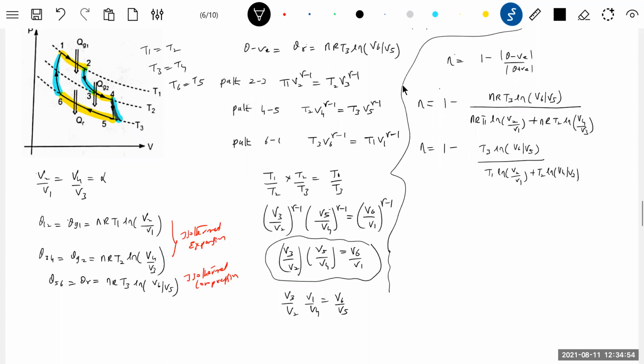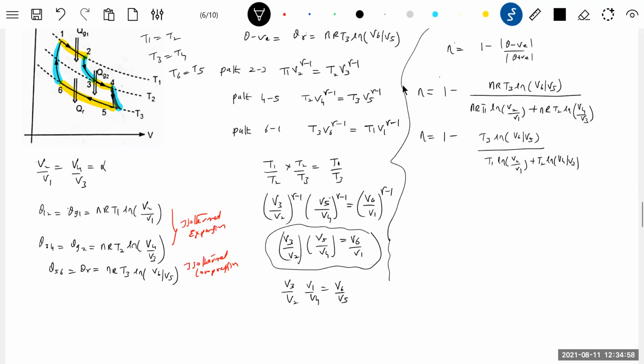I think V6 by V5 will be alpha square will come. Check it. Alpha square will come. 2T3. Yeah, fine. Okay, that'll be okay. One by alpha square.